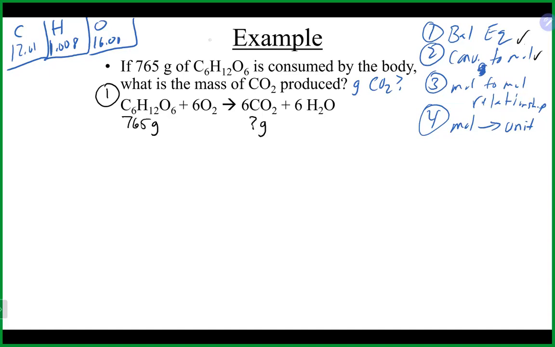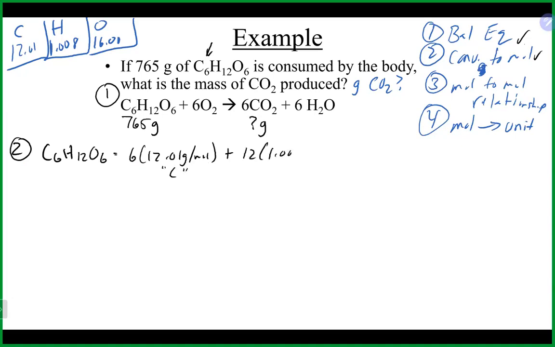So we will need the molar mass from the periodic table of our C6H12O6. So basically here, we're just going to add up all the parts. So that's going to give us 6 times 12.01 for our carbons, plus 12 times 1.008 for our hydrogens, and plus 6 times 16 there for our oxygens in this case.